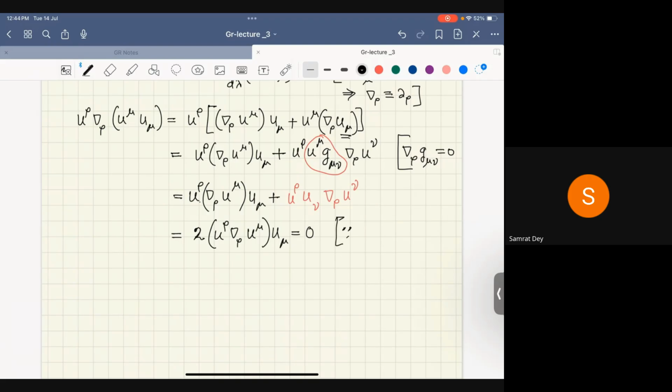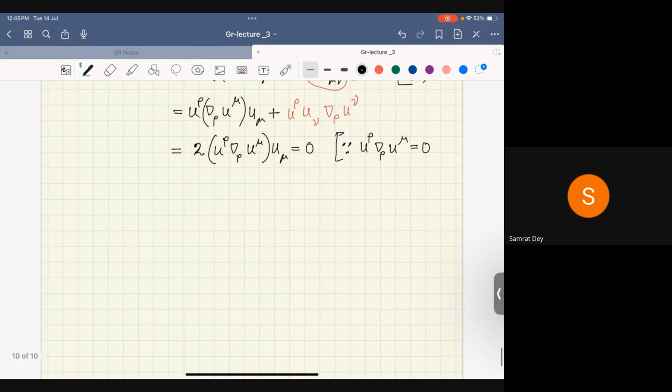This is because u^ρ ∇_ρ u^μ is our known geodesic equation. So therefore, this tells us that if I know the nature of the geodesic curve, whether it is time-like, space-like, or null, it does not change its nature as I move ahead on the geodesic.